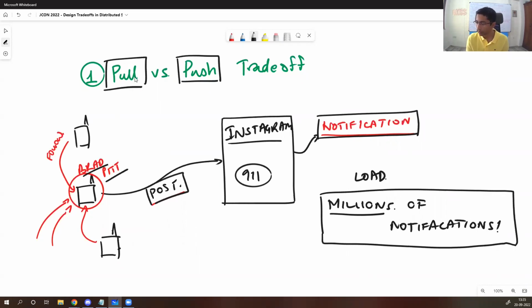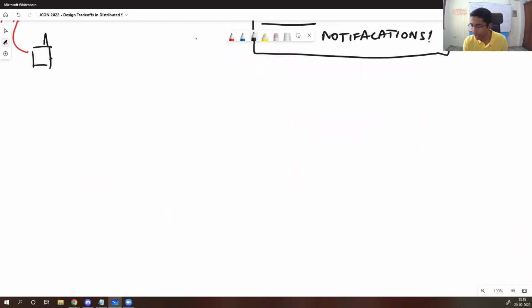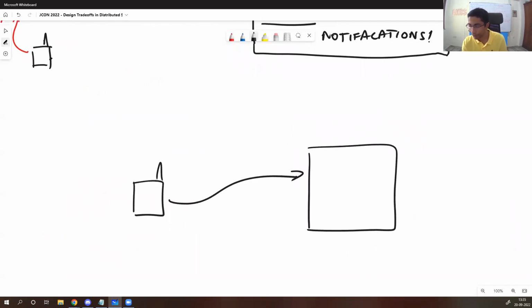And I'll actually draw this separately. Now let's imagine that Brad Pitt sends a message to a popular social media app, which has to, in real time, give notifications to all of their followers. So the blue line shows a push notification. This is being sent to millions of people. That's a bad idea. So we are not going to do the blue line thing.